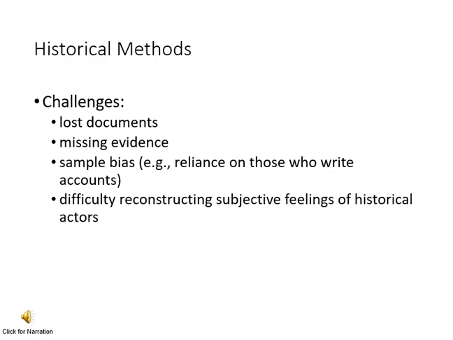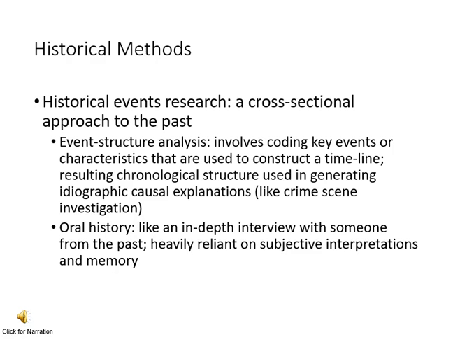Not usually the case here, but it could be. And it's very difficult to try to understand, looking backwards, as another drawback of historical methods, anything subjective. We're not able to conduct surveys of people who've been dead for hundreds of years, for instance, so it raises some new and unique challenges.